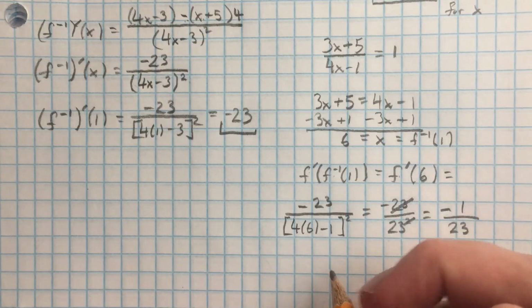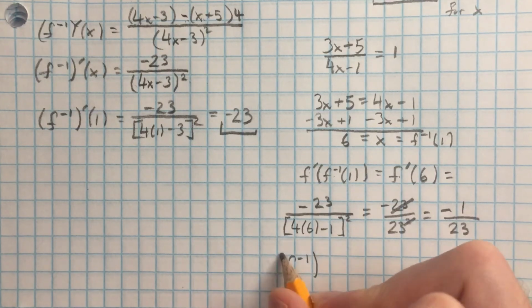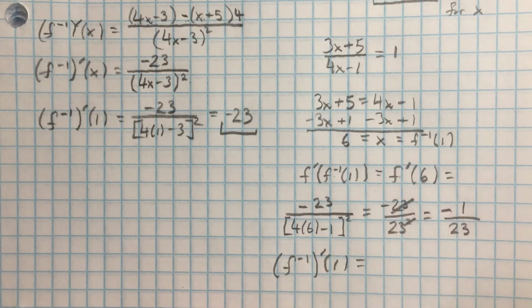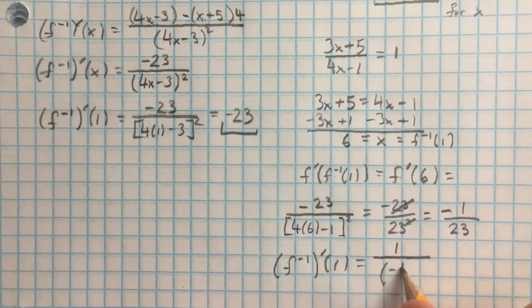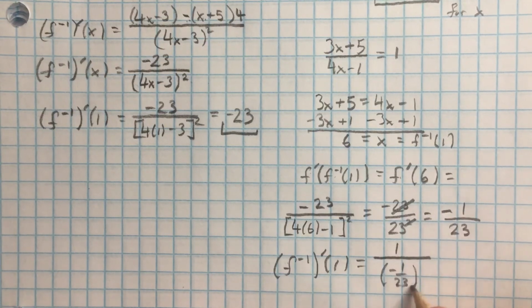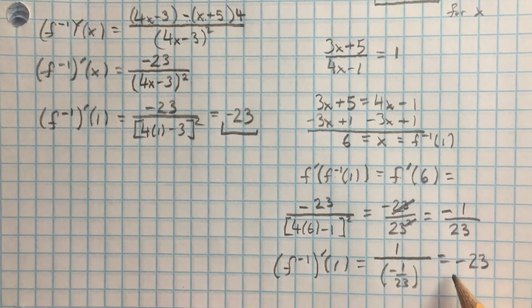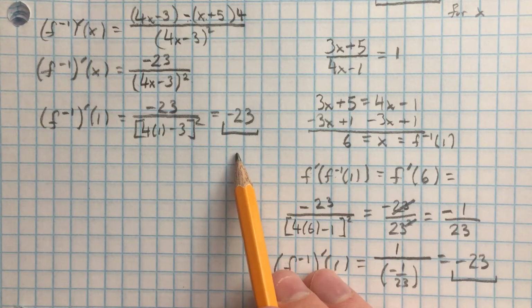But we know that from the formula, f inverse prime at 1 is the reciprocal of this, which puts us back at negative 23, which is the exact same answer we got for the direct approach, of course.